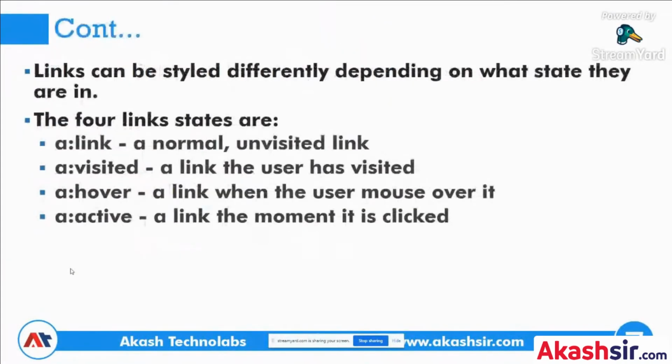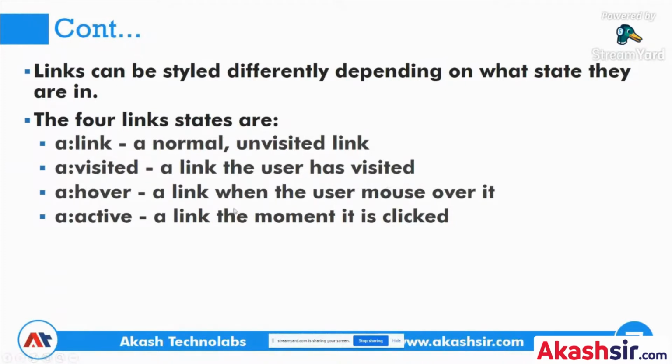So next is, let's say if you want to change the color of a link, a visited link, a hover, or active, right? And that's it. So you can specify a link color for the normal link. If someone visited the link, you can specify the color for the visited link. And if I mouse over a particular link, for that you can also specify a different color.